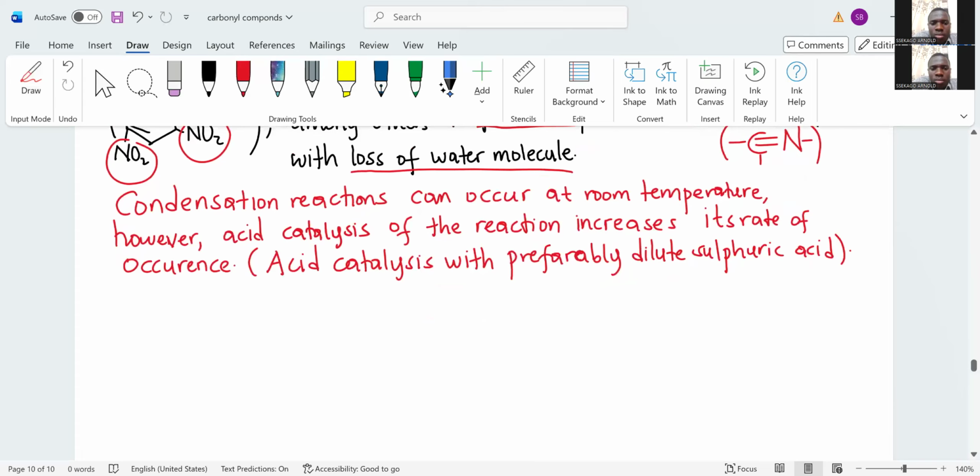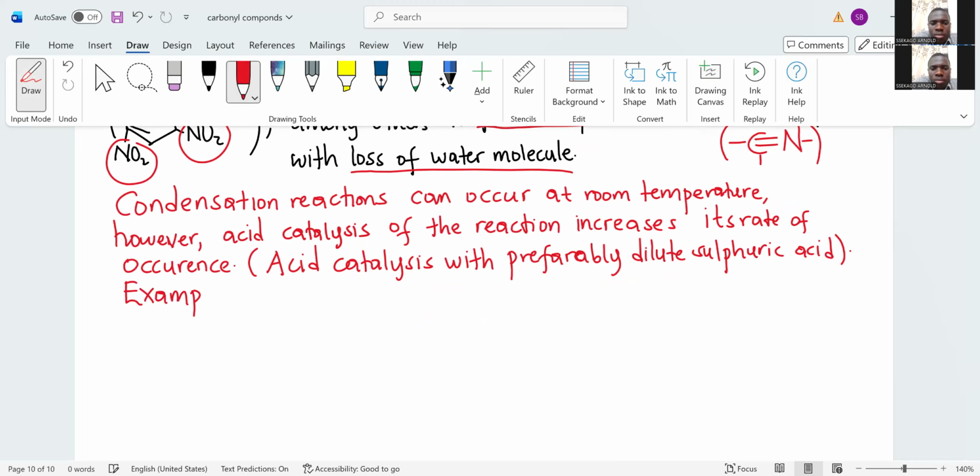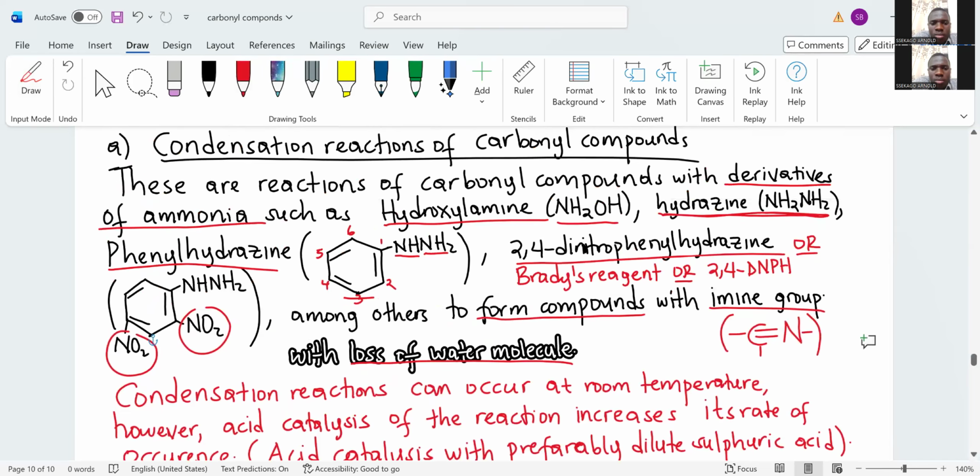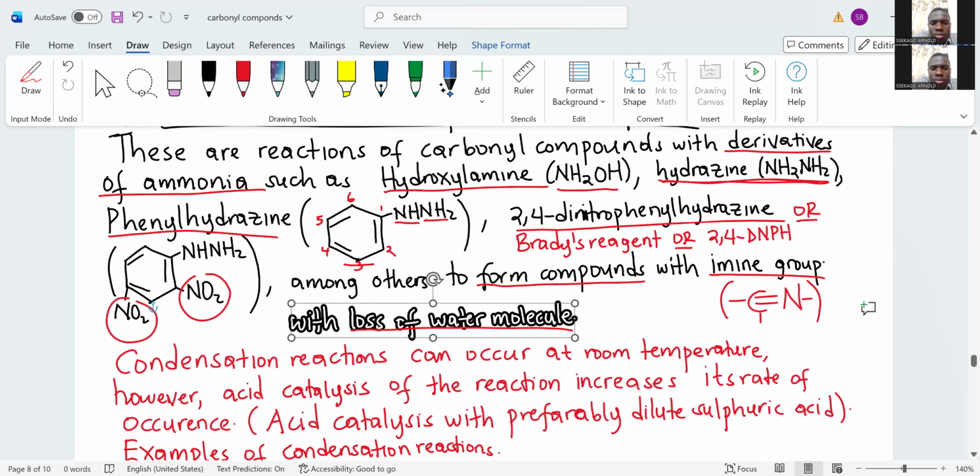Hope that is taken note of. So examples of condensation reactions. Don't forget that by condensation reactions, we mean the reactions of carbonyl compounds with those compounds which I have mentioned.